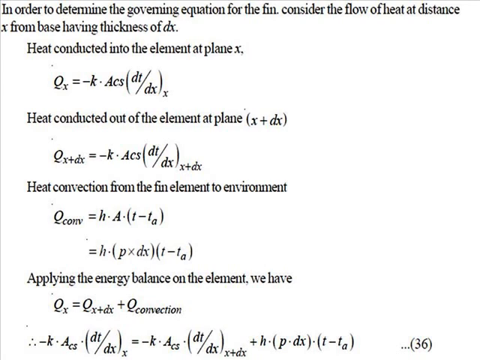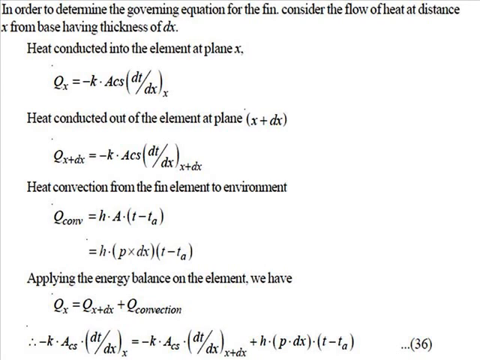Plus we know that heat convection takes place from the fin to the surrounding, and that value is Q convection, equals hAΔT, that is hA into (T minus Ta), where A is the perimeter into dx distance, into h into (T minus Ta), where T is the temperature and Ta is the ambient air temperature.